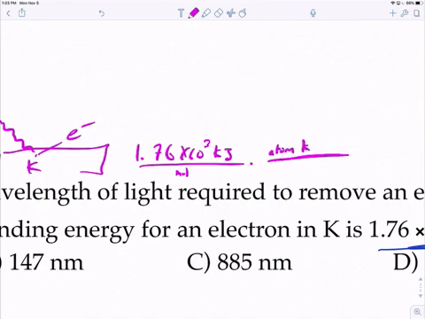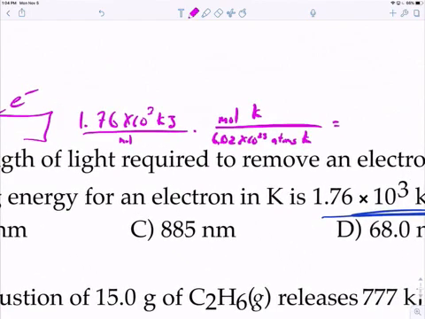So listen. Mole is going to be in the top. Mole K over 6.02 times 10 to the 23rd atoms potassium. So we have to change kilojoules per mole to energy per atom. So 1.76, and that's 1,000 kilojoules, so this is 1,000,000 joules.